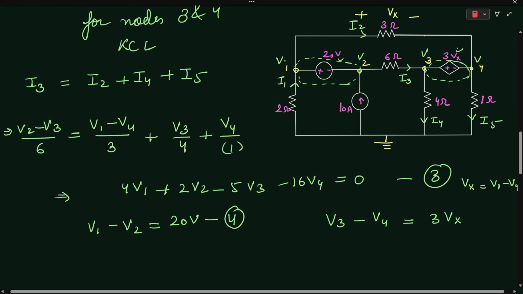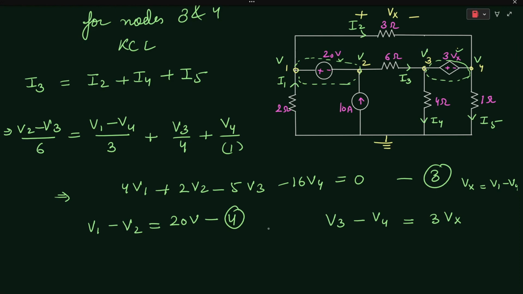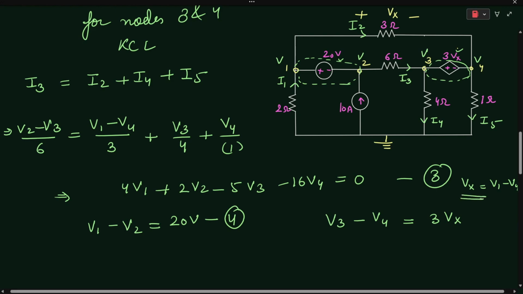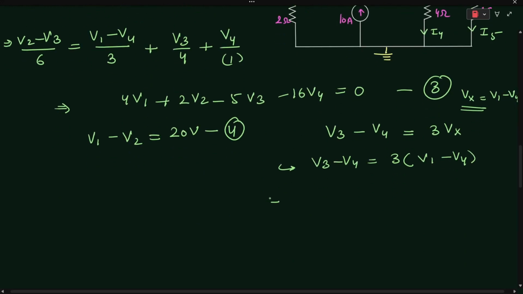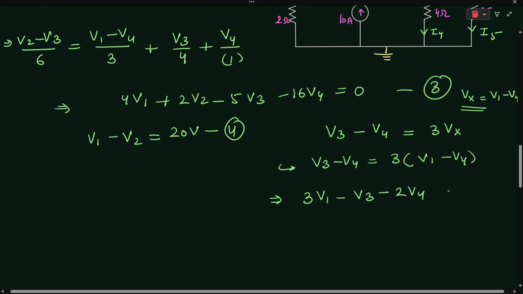On substituting the value of Vx, V3 minus V4 is equal to 3 times (V1 minus V4). This implies 3V1 minus V3 minus 2V4 is equal to 0. Let's say this is your fifth equation.